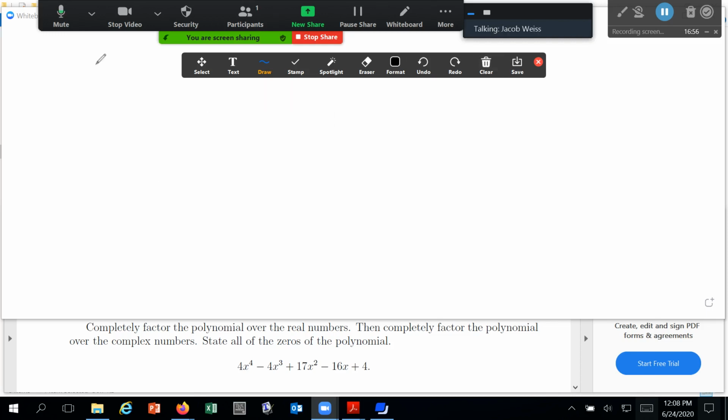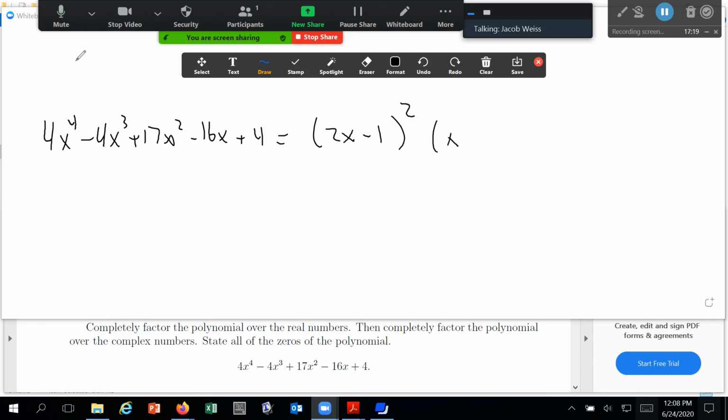All right, finally, we've arrived. So we can conclude that our original polynomial is equal to 2x minus 1 times 2x minus 1 times x squared plus 4.